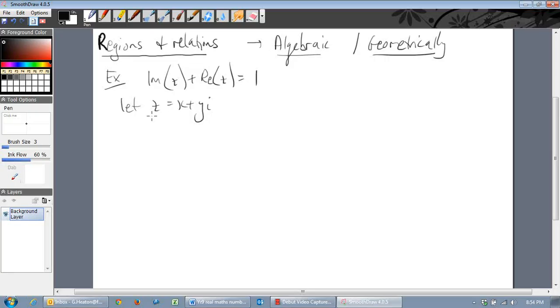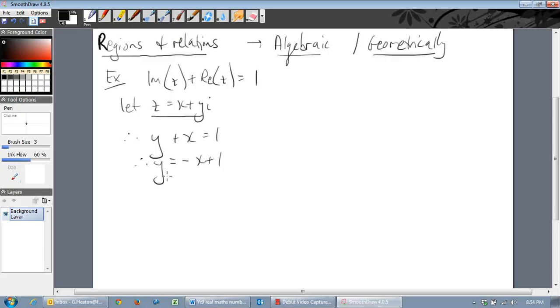This is the important step to remember at the start of any of these, and then you can figure anything out. So what's the imaginary part of z? The imaginary part is y, so y plus what is the real part of z? The real part of z is x, equals 1.